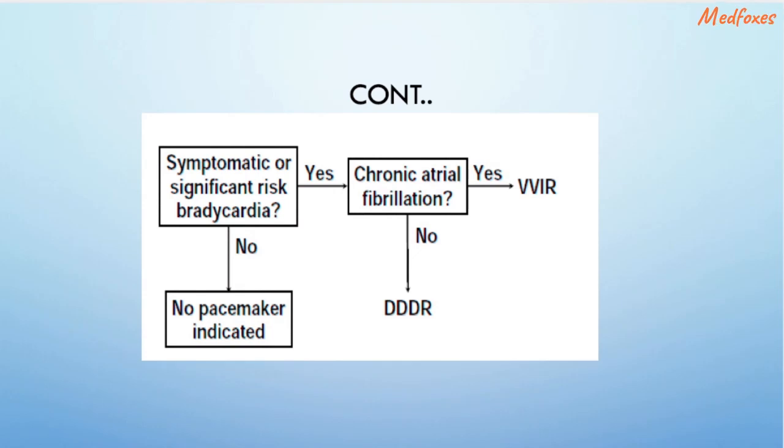For example, with chronic atrial fibrillation and a slow ventricular response in whom pacing is required, VVIR is the mode of choice. This is the only clear-cut indication for single-chamber ventricular pacing. Obviously, other patients may have associated comorbidities or other issues that would favor use of single-chamber ventricular pacemakers, either VVI or VVIR.